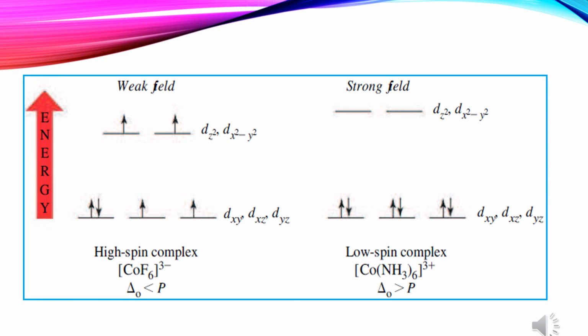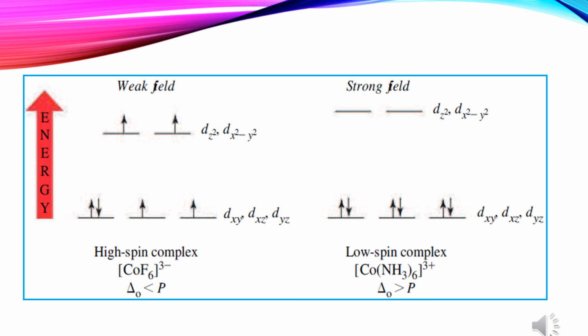The same problem occurs with octahedral d5, d6 and d7 complexes. As a result, we have to worry about high spin versus low spin octahedral complexes only when there are 4, 5, 6 or 7 electrons in the d orbitals.